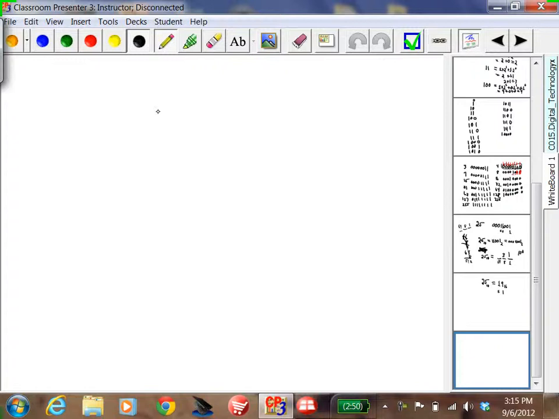Suppose we have 25 in hexadecimal. How much would that be in decimal? How would I represent that in decimal?